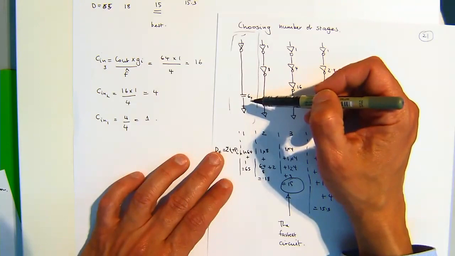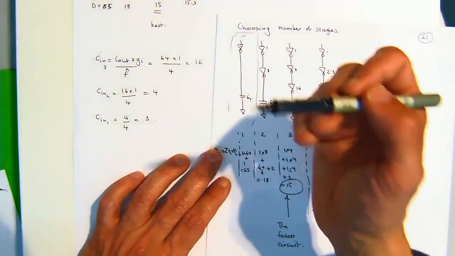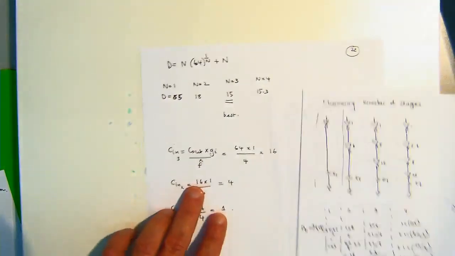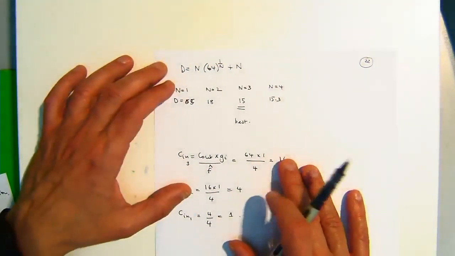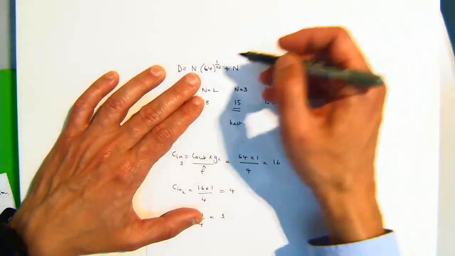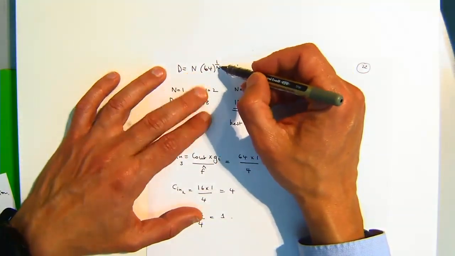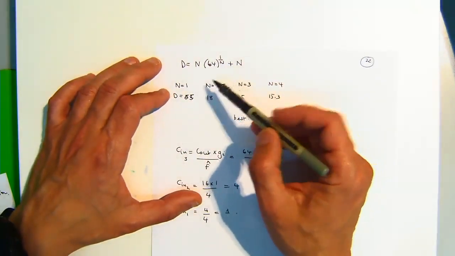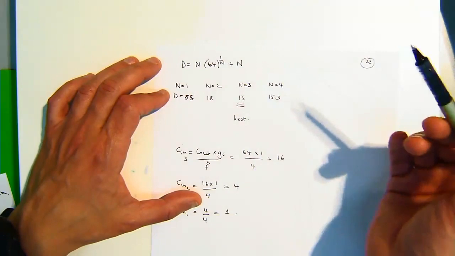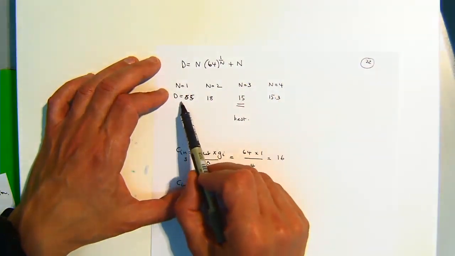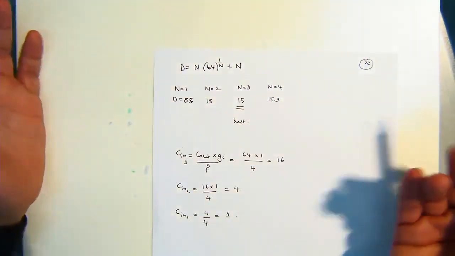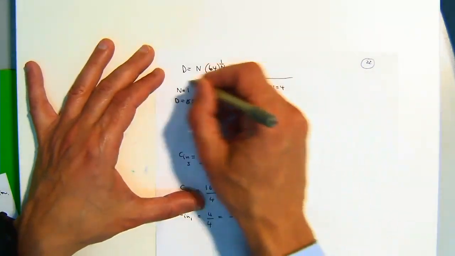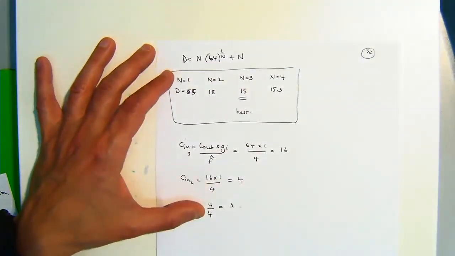So if we wanted to work out the optimal number of stages, using our formulae, we know that it's 64 to the power of 1 on n. If we go through and work out n equals 1, 2, 3, 4, we can work out our path delay, and it'll tell us what our optimal path delay is going to be.